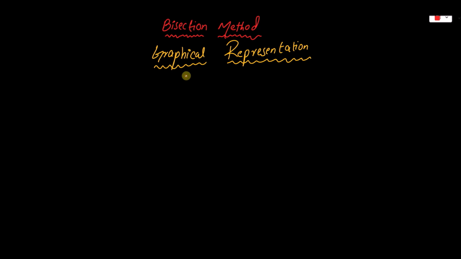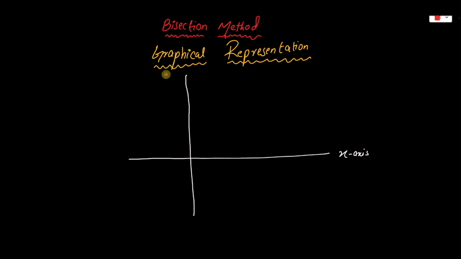Here we're drawing our axes. This is the x-axis and this is the y-axis. And this is some random graph of a function.